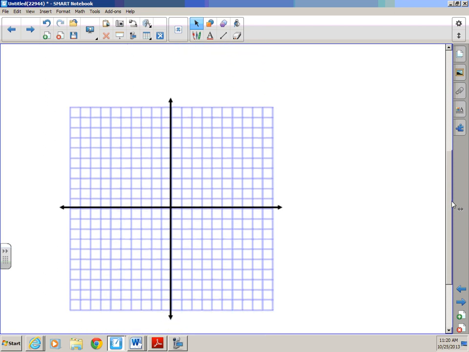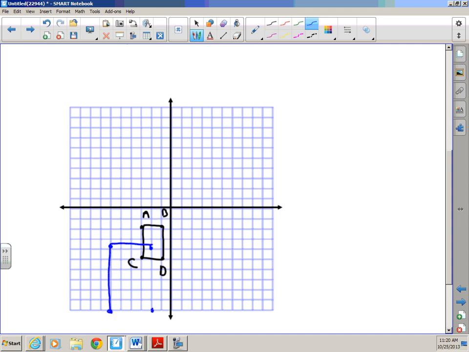So I'm going to plot the original. (-3, -2) is A, (-1, -2) is B, (-3, -5) is C, and there is D. Now to find the image, all I can do is plot my 4 new coordinates: (-6, -4), (-2, -4), (-6, -10), and (-2, -10).